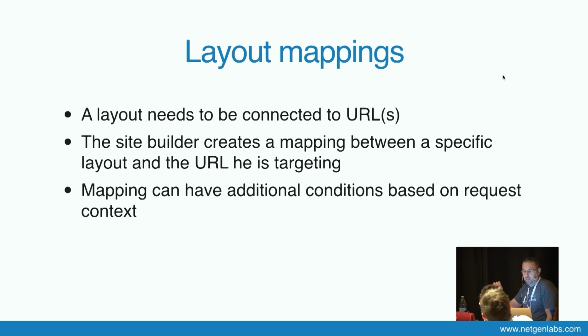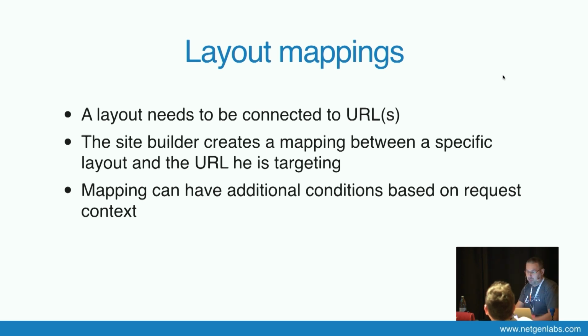And mappings can have additional conditions that should be matched. And these conditions could be whatever you have in the moment of the request. So it could be time, it could be content type coming from the backend, it could be geolocation, it could be user group, it could be device type.